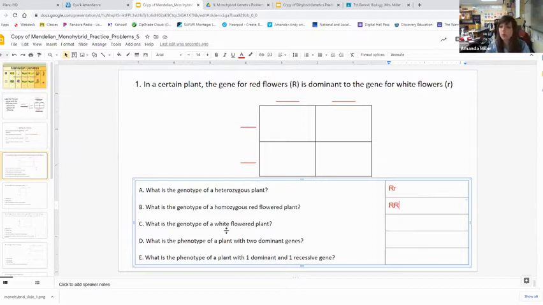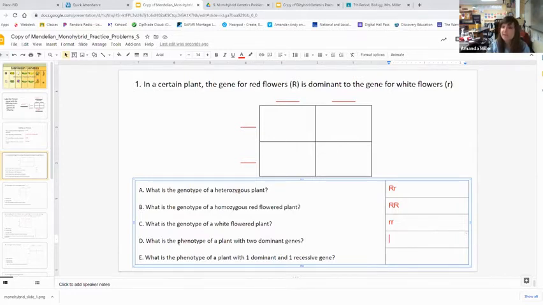The genotype for a white flowered plant, we know that white is recessive. And again, the only way for a recessive trait to show is if we are homozygous for that recessive trait. So we know that a white flowered plant would have to be homozygous recessive, little r, little r. D and E ask you about phenotype.